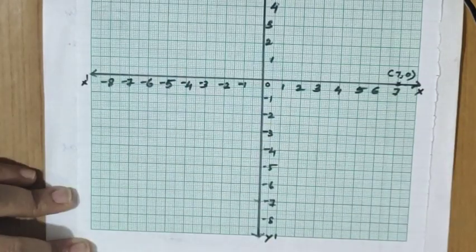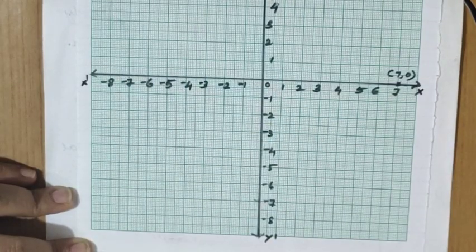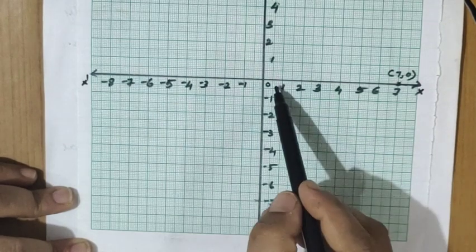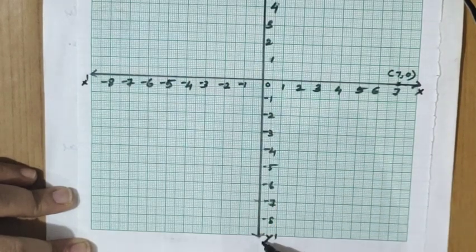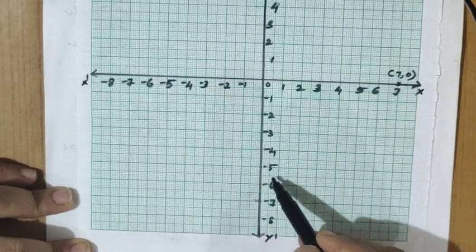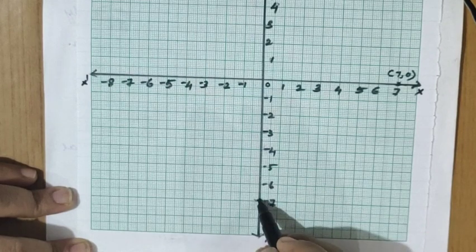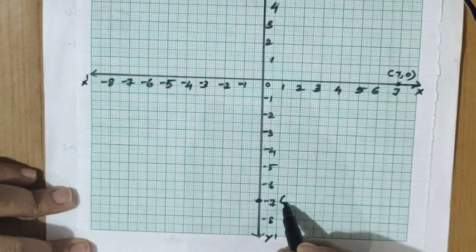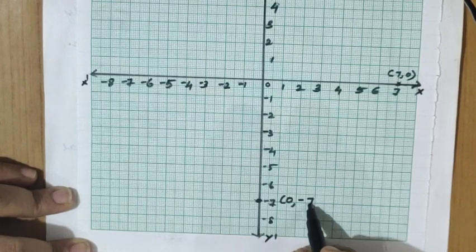The second part of the question is that it lies on the negative direction of the y-axis, that is OY dash, at a distance of 7 units. So -1, -2, -3, -4, -5, -6 and -7 from the x-axis. There is no movement on the x-axis, so it is 0, -7.